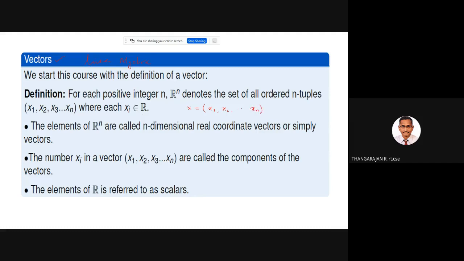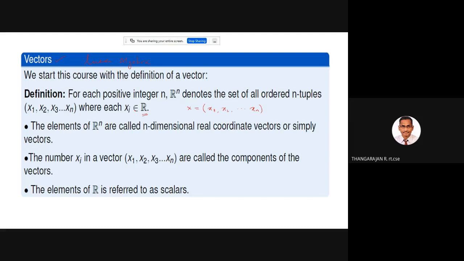These components x1, x2 are real values. When I say R, it means real values. In machine learning we are only dealing with real numbers.